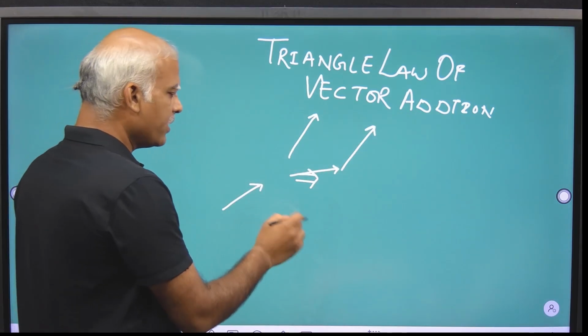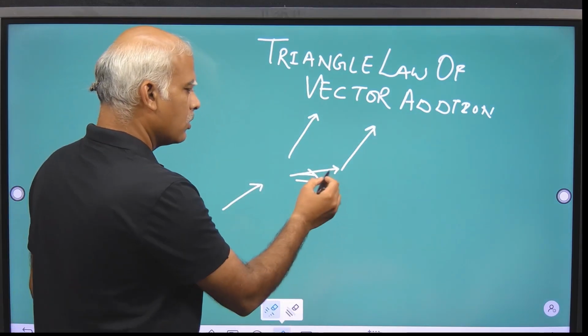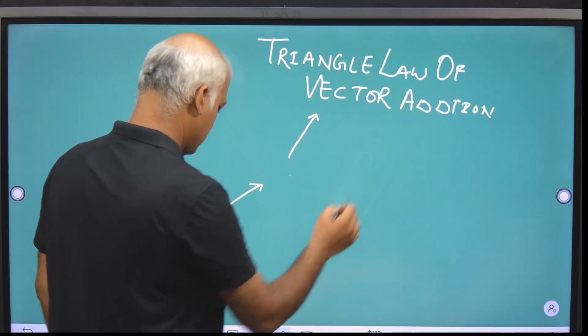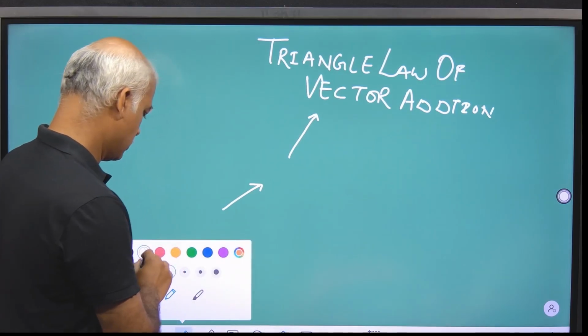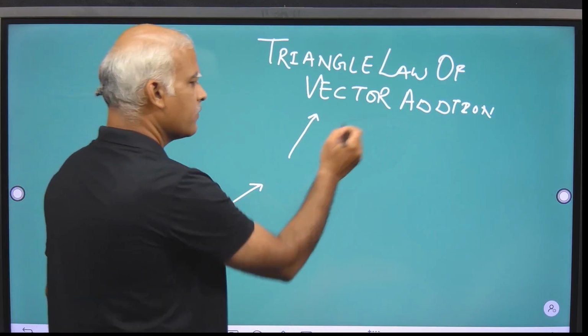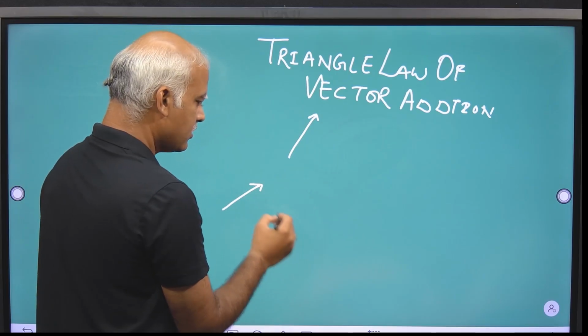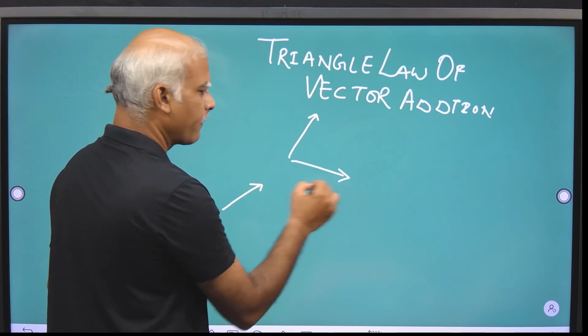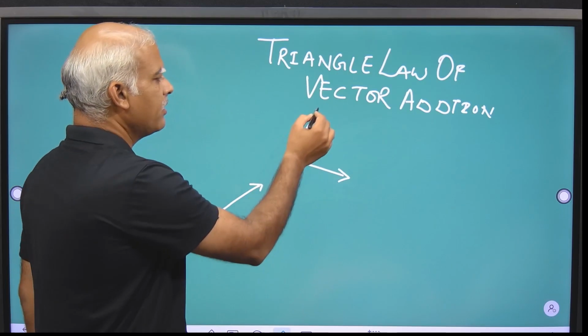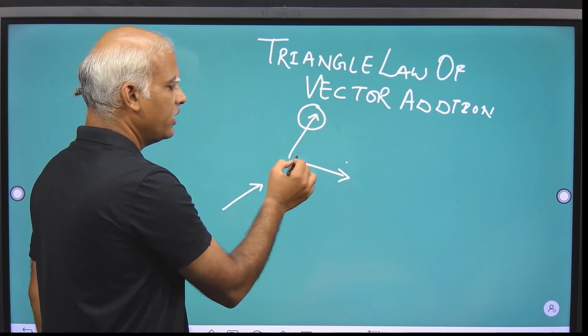So if I'm having two vectors, these two vectors have a particular head and a particular tail.